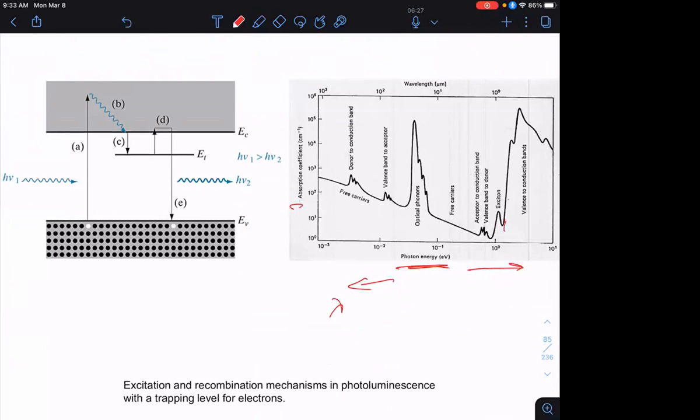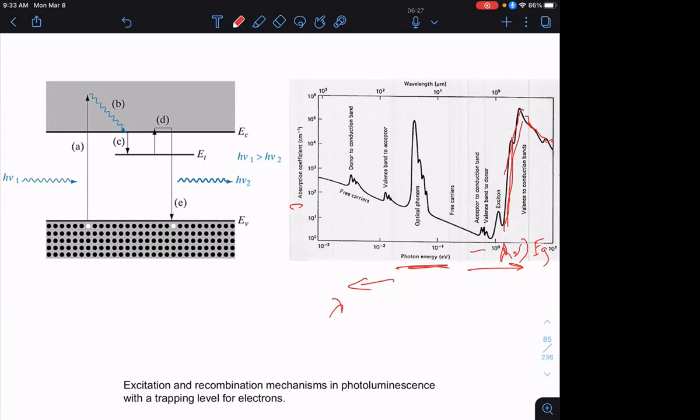So basically, if I have photon energies greater than the band gap, now h nu is greater than the band gap, you have a strong absorption, okay? But then if you go to even higher energies, notice that the absorption coefficient starts dropping off because bands have a finite width. And therefore, for very high energies, the density of states drops off by the time you go to the next band gap, okay?